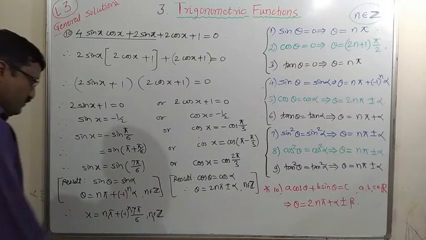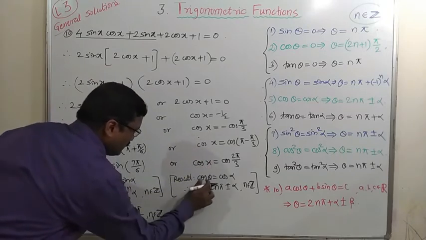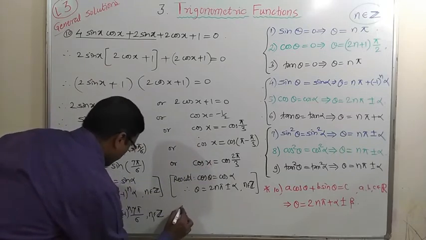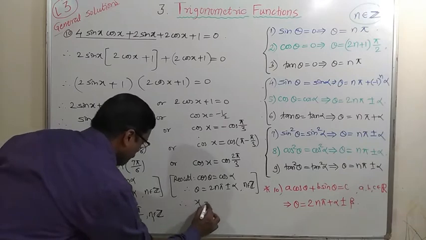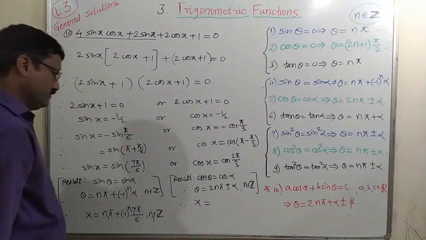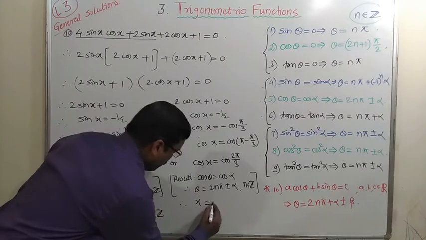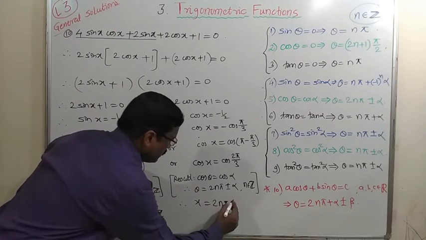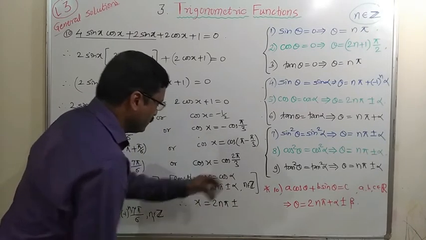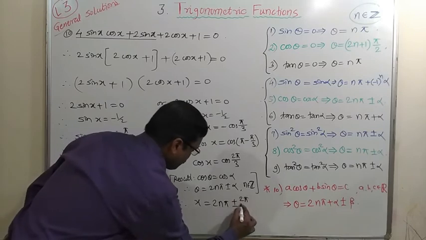Okay, so using this result, instead of theta we have x. Therefore we get x equal to 2n pi plus minus alpha, where alpha is 2 pi by 3.